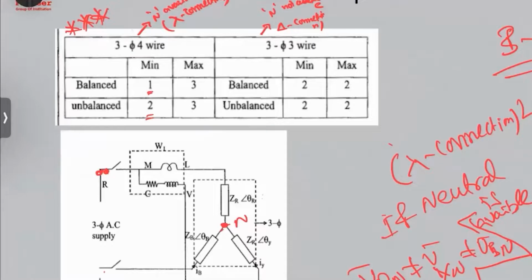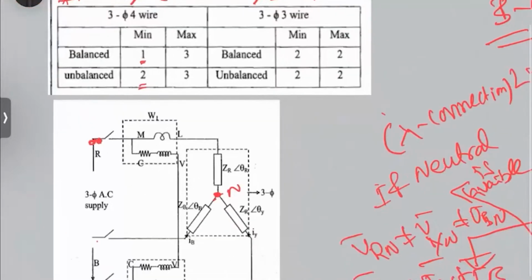If you measure any one phase voltage and one phase current, one phase power is sufficient. By multiplying by 3, we get the total power in the 3-phase system. But in unbalanced condition, we are not able to calculate the power with the help of single phase power.